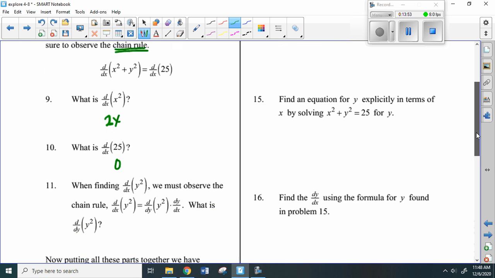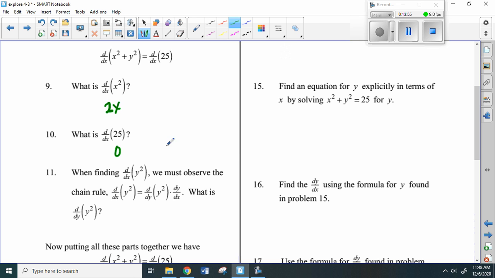All right, but then here's what we're talking about with the chain rule. When you're finding the derivative with respect to x of a variable that is not x, we have to observe the chain rule, which means we're going to take the derivative with respect to the y, because it's a y in our function.